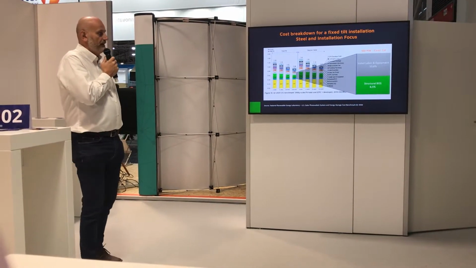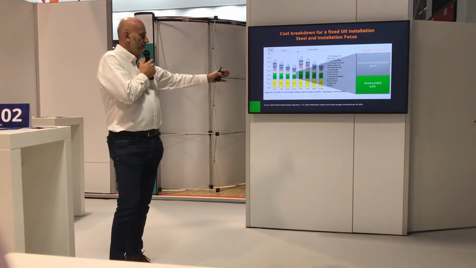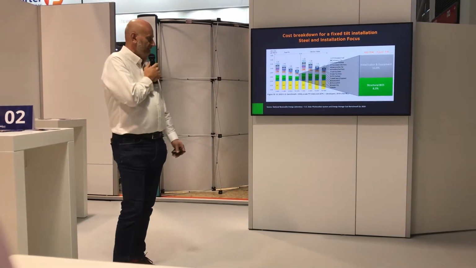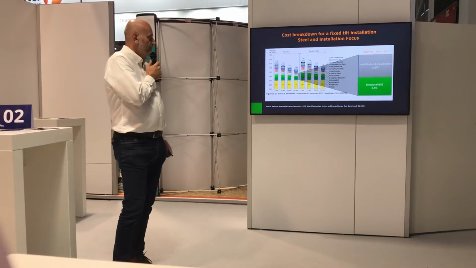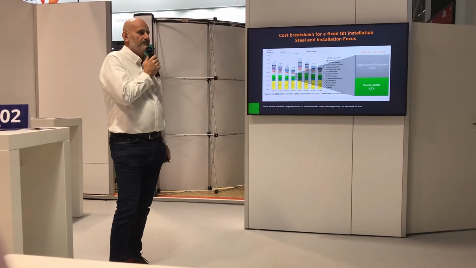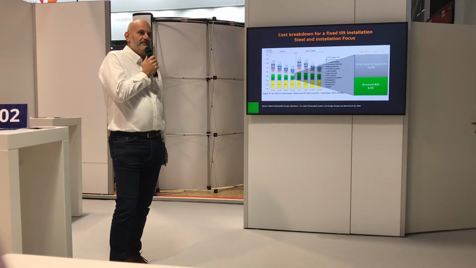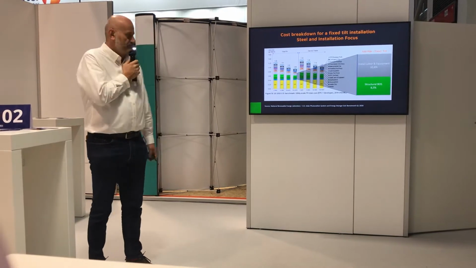Compared to the structural BOS, the steel, it's about 8.5%. That means the cost of installation is much more than the steel that you use during your installation.